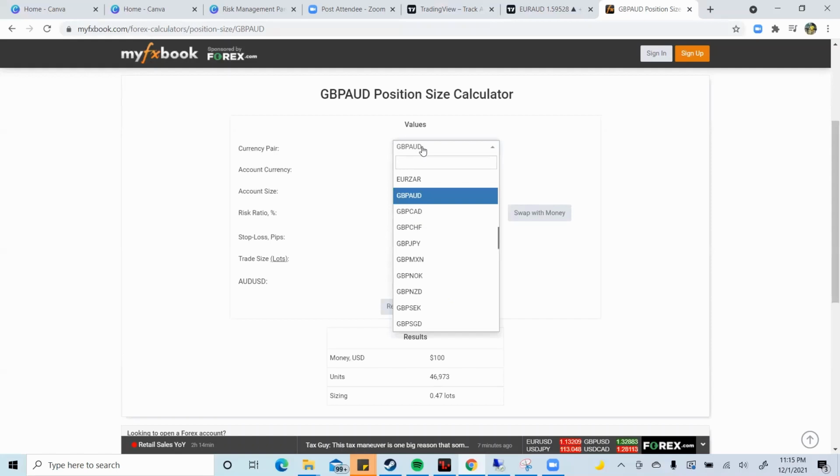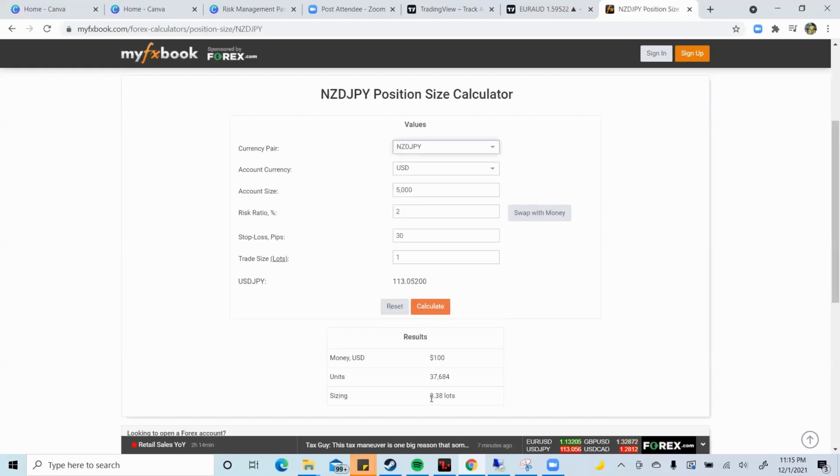So let's go to a different one, New Zealand dollar, Japanese yen. Watch what happens. See, now it's 0.38. So US dollar was 0.33, Japanese yen is 0.38, and the Australian dollar was 0.47. The reason is because the payouts are a little bit different. In a later video, we'll explain this a little bit more in detail. But for now, just know that the payouts are different.